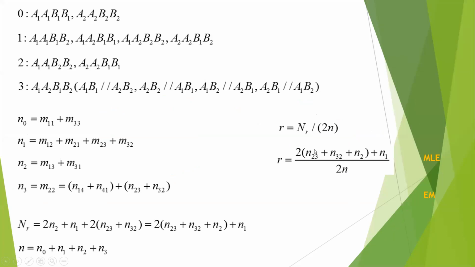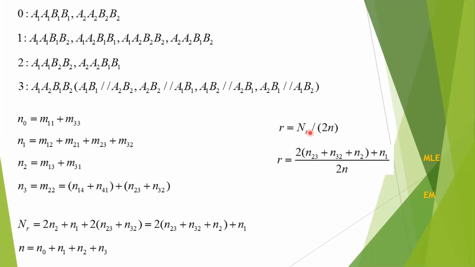So let me describe this. Suppose we knew these numbers. Here we try to estimate the recombination frequency. If we have the complete data, we can get the MLE, which is the total number of gametes, and among this total number of gametes, the number of gametes carrying a crossing over. Is that correct? So this is the MLE.